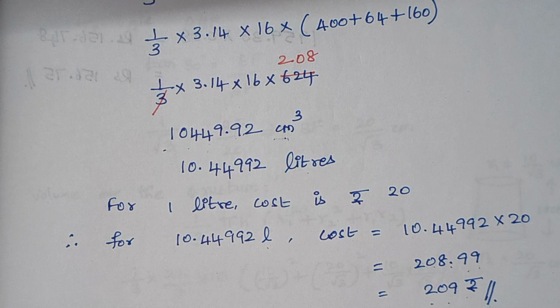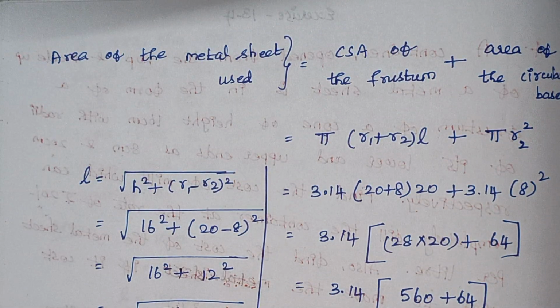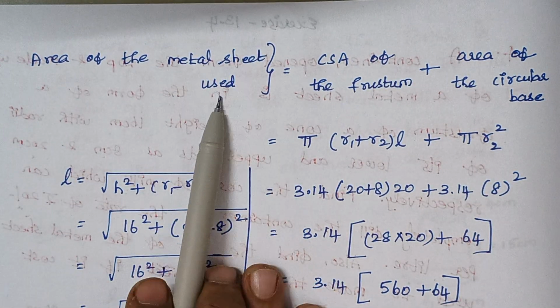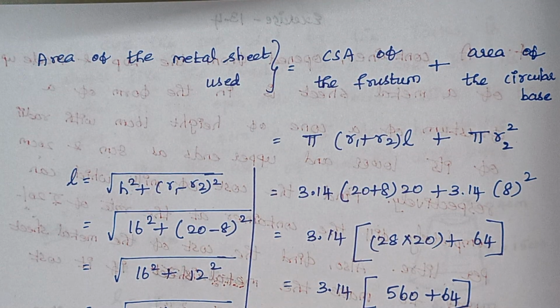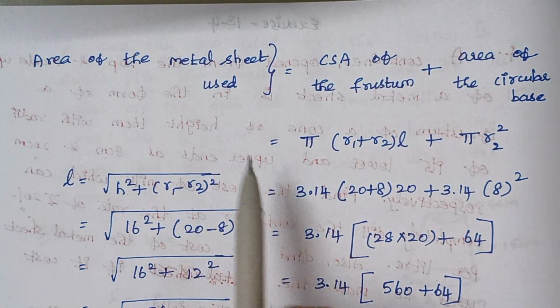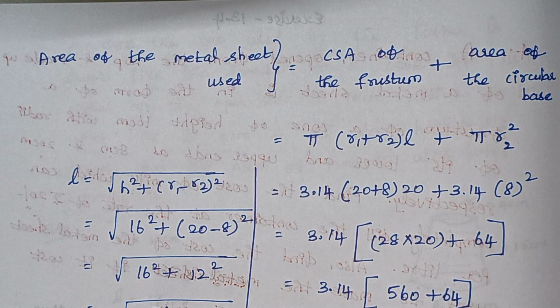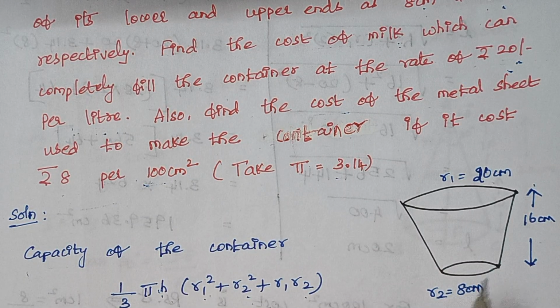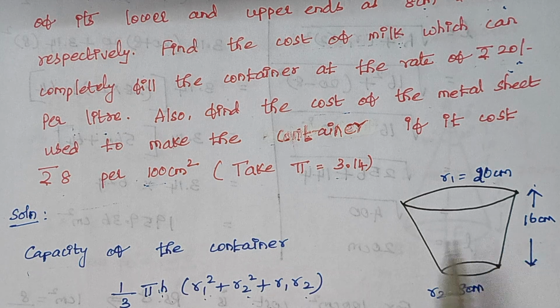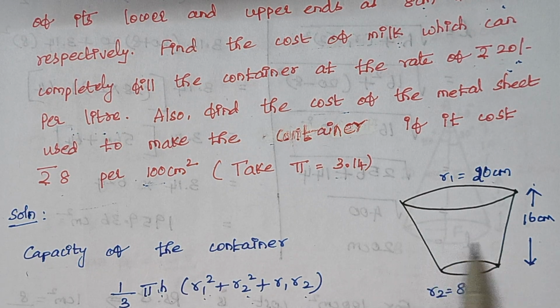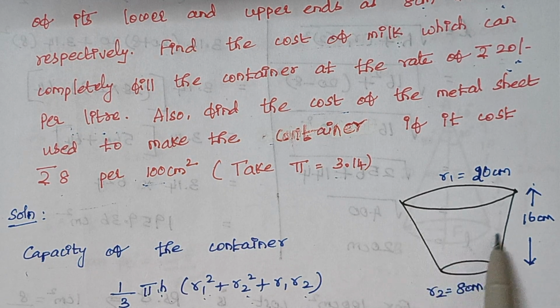We will proceed with our second part. So here we have to find the area of the metal sheet used. So to find the area of the metal sheet, again we have to look back at the diagram. So here again the curved surface area is, that is this part, okay, the total part.